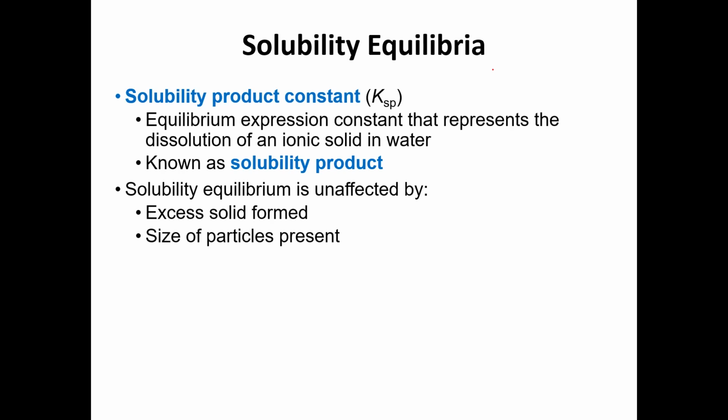It also is not affected by the size of the particles present. You may have larger particles or smaller particles, but that's not going to affect your equilibrium constant. The constant is only affected by the concentrations that are present in solution.